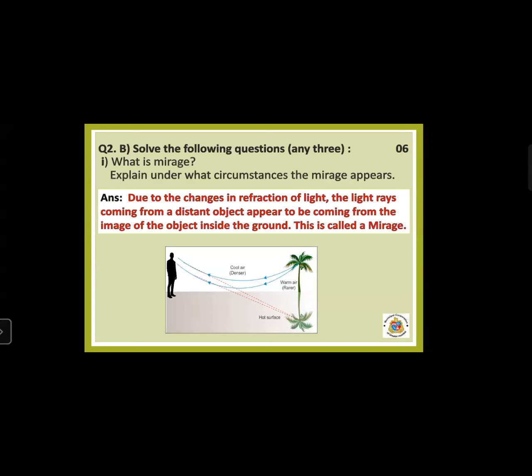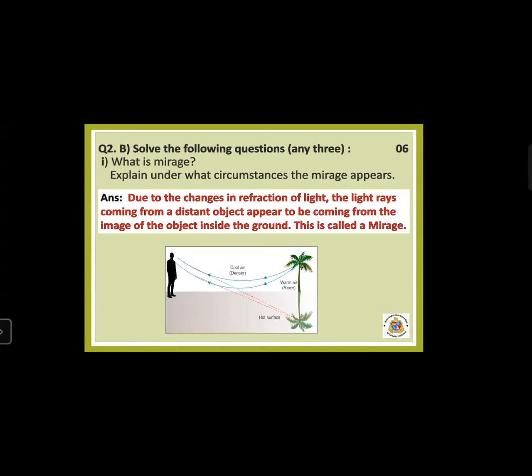Now, the first question of 2B is: what is mirage, and explain under what circumstances the mirage appears. This has two parts.